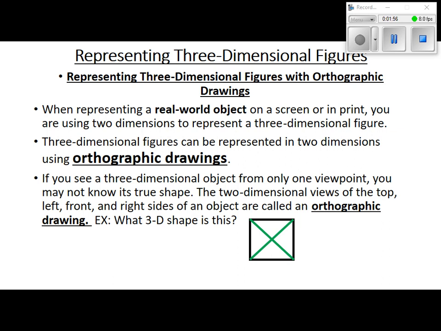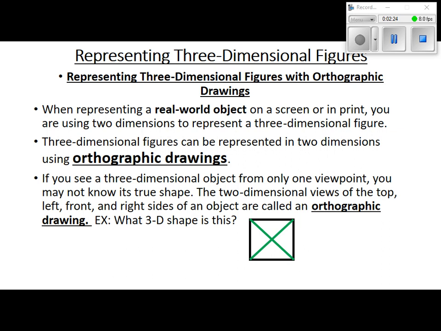So fill in your notes what you need to fill in on this part. Drawing nets, that part I can do, but an orthographic drawing, I'm not very good at it. So we'll try to do the best that we can, and I'm not expecting that you're going to be spectacular at it either. If you are, that's great. If you're not, then hopefully we'll get a little bit out of it.